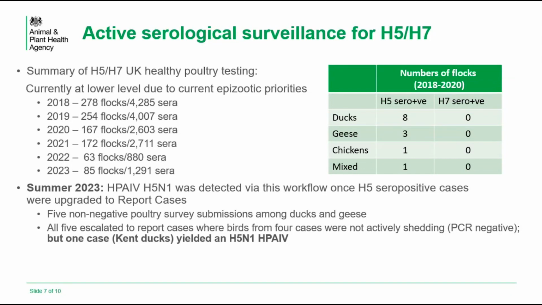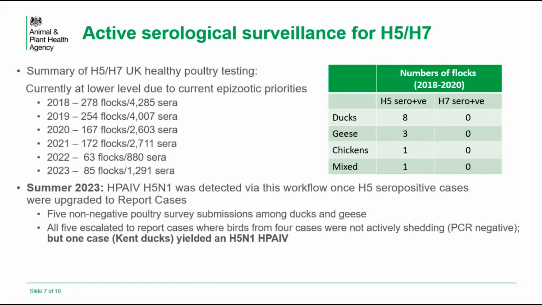And towards the right-hand side of the slide, you can see in the box that over the period 2018-2020, which was peacetime, we had 1385 positive flocks. So even in peacetime, we are detecting previous exposure to avian influenza in the flocks.